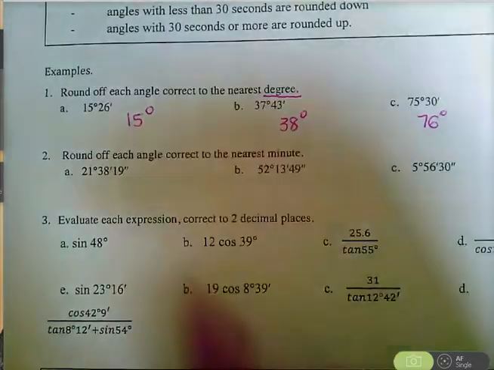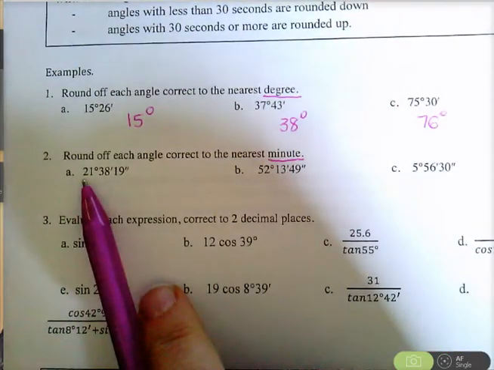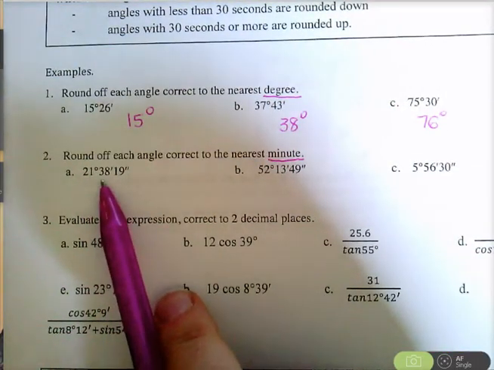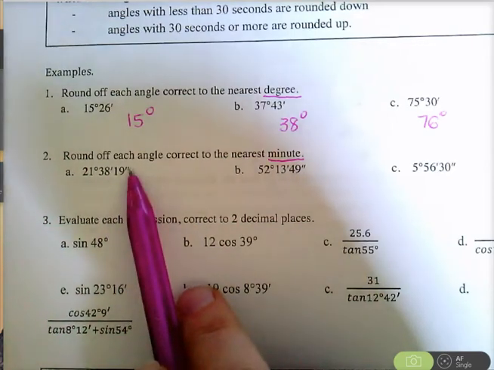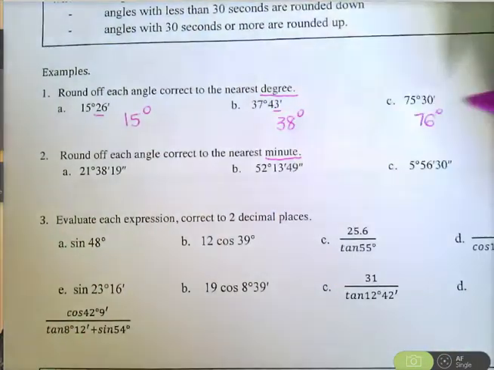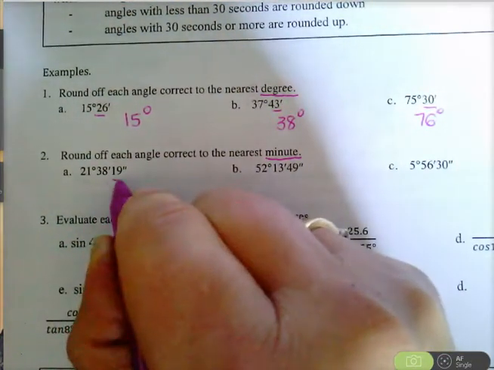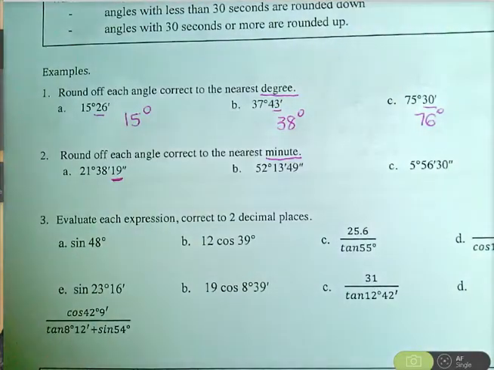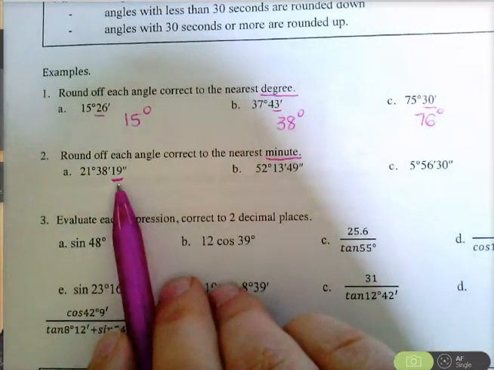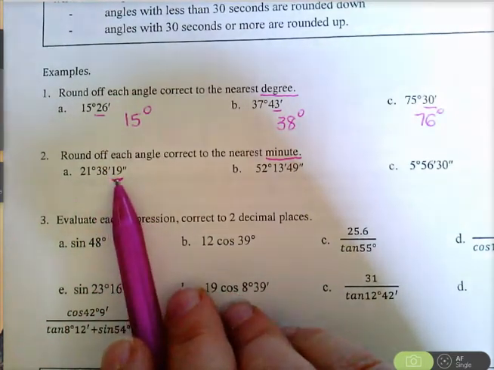Okay, now in this one here, we're rounding off to the nearest minute. So we've got 21 degrees, 38 minutes, 19 seconds. When we round off to the nearest degree, we need to look at the minutes. When we round off to the nearest minute, we need to look at the seconds. 21 degrees, 38 minutes, 19 seconds.